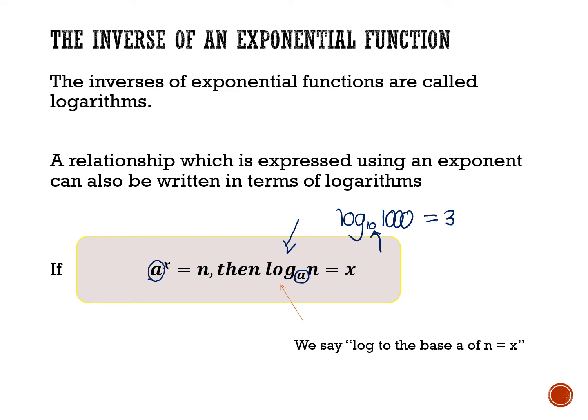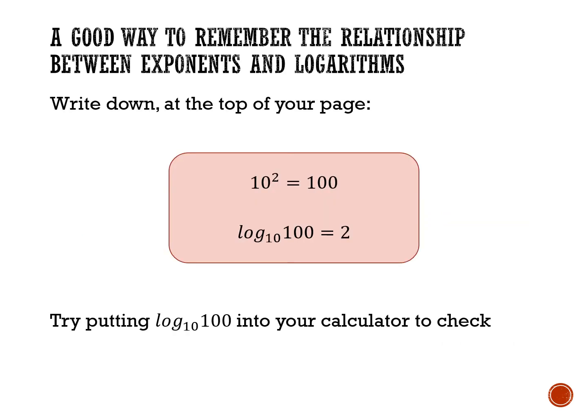Okay. Now, this next slide shows you a way that you can try and remember this, because although your calculators do logs for you, you do need to have a good understanding of what they actually mean. This is very similar to the example I just spoke about. Here's my log expression. Remember, the little number here is my base number, so that's 10.